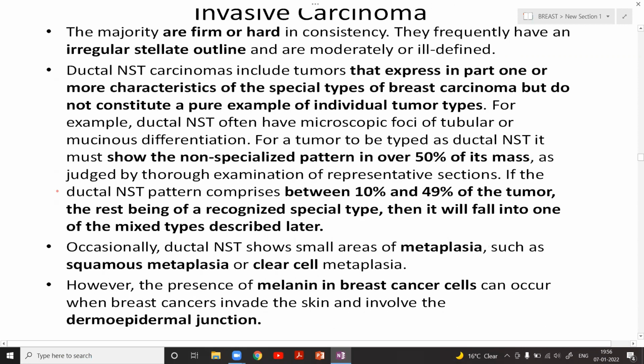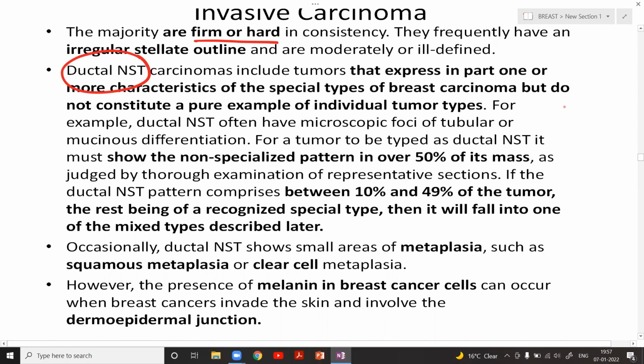So we have to understand certain very basic concepts that you will be asked in your viva: the majority of breast carcinomas are firm or hard in consistency, that we already know. And we already know that the most common variety is ductal carcinoma of the breast, NST, no special type. So what is the meaning of ductal variety? To understand the ductal variety, we have to understand the special variety.